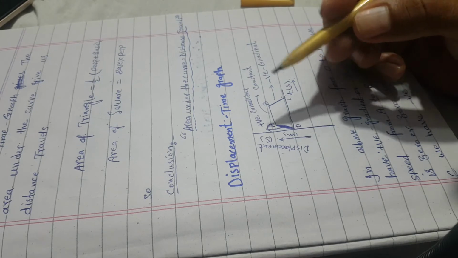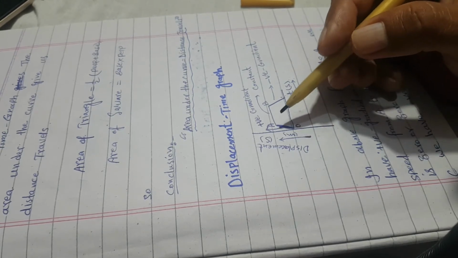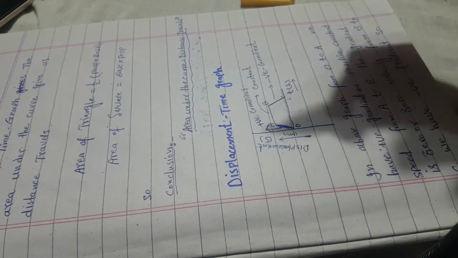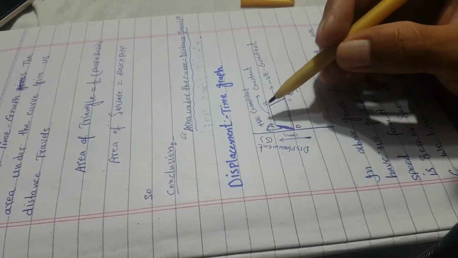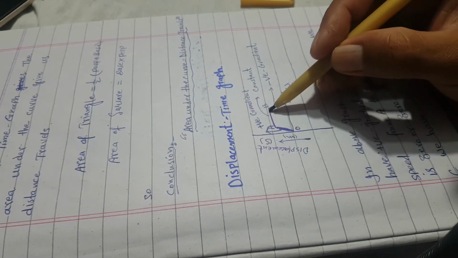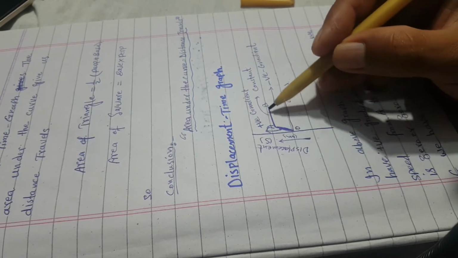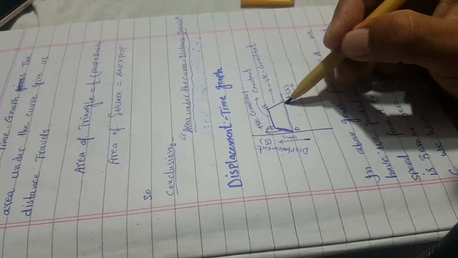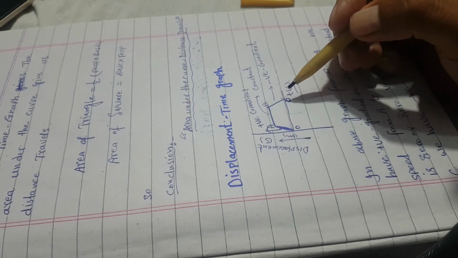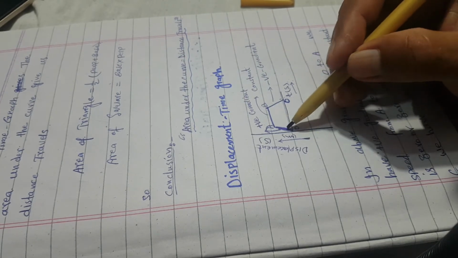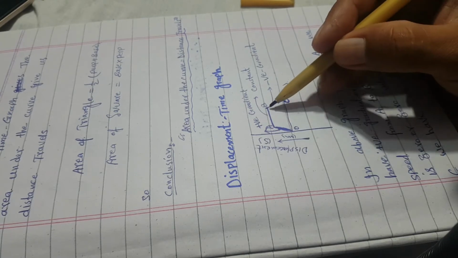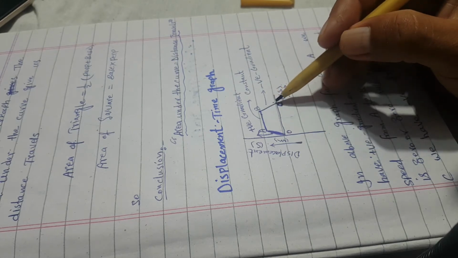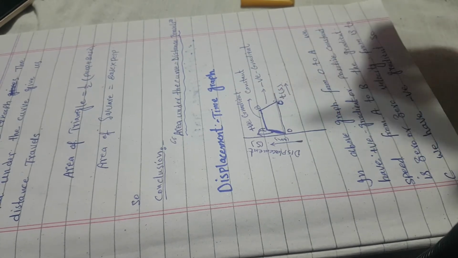When the gradient is positive, the velocity of the object goes on increasing, and here the velocity is constant from A to B, and then from B to C the velocity goes on decreasing. So here we have a positive gradient, here a zero or constant gradient, and here a negative gradient.